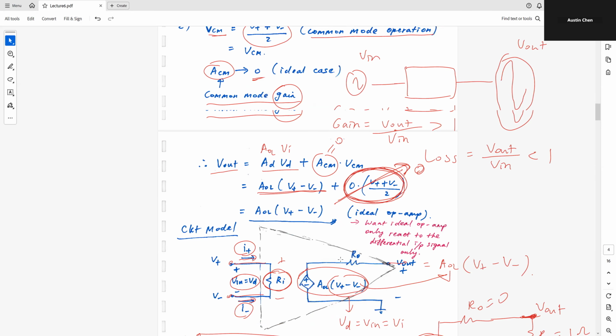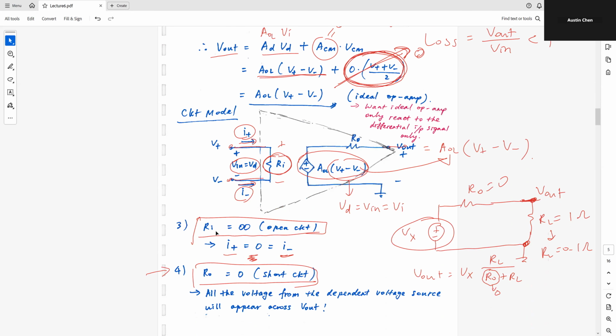The third ideal property is that we want this Ri to be equal to infinity, so that there will be no current going into the op-amp, and at the same time, all of this voltage will be dropped across these two terminals. Because you can imagine, if I have some resistor along the way, this creates another voltage division.